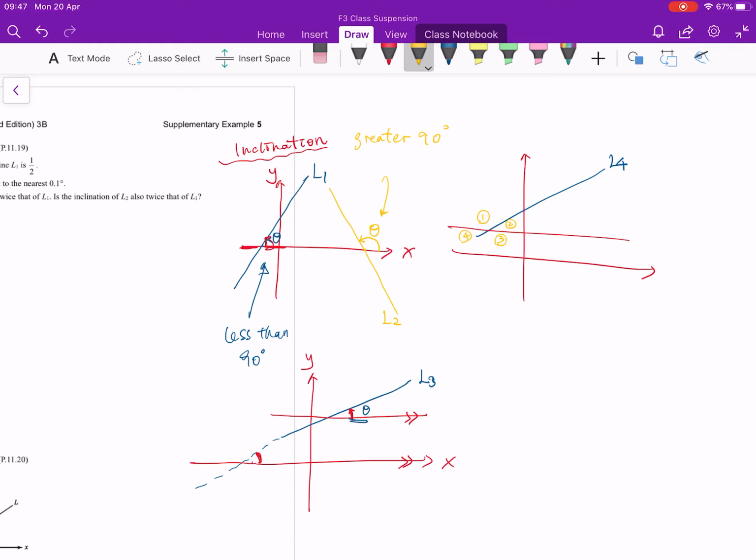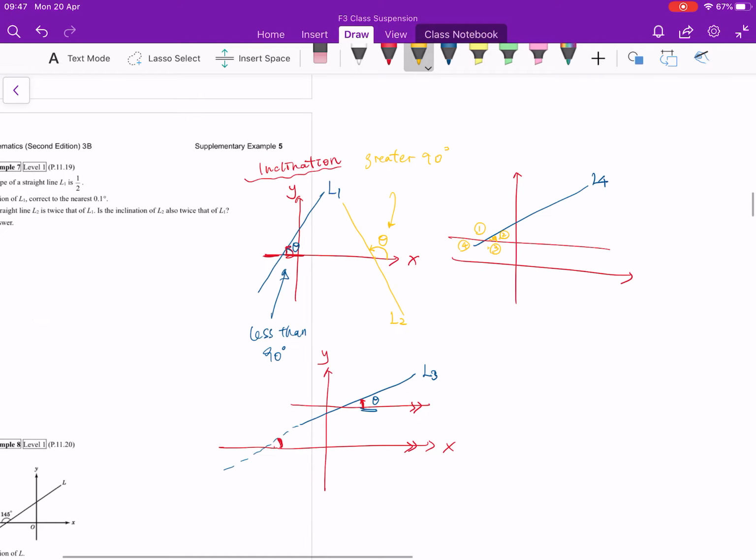The angle on the right up corner, meaning this one on the right, the upper part, right up corner, actually is the inclination. Okay. So this is how we define inclination of a straight line.